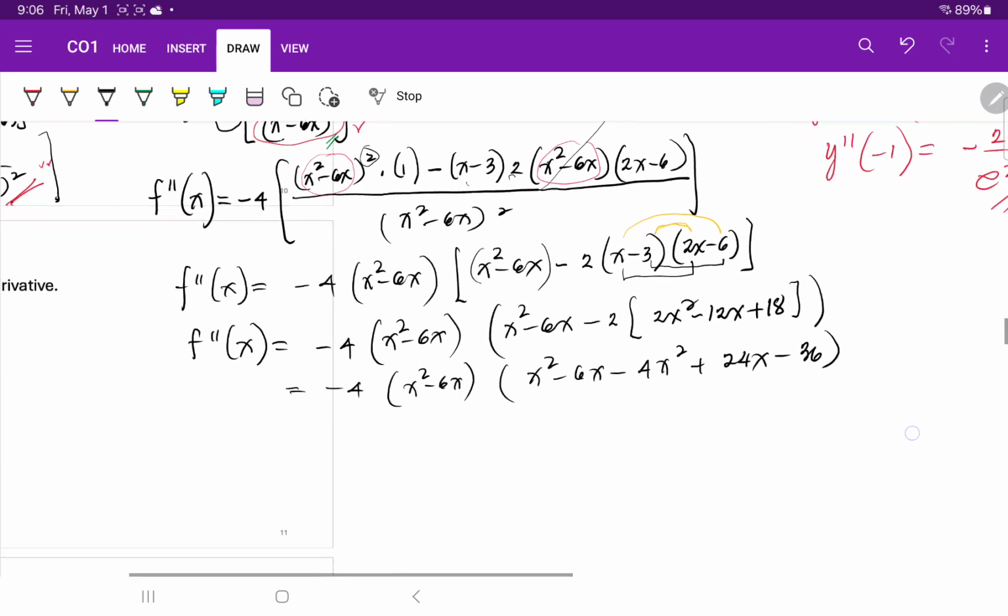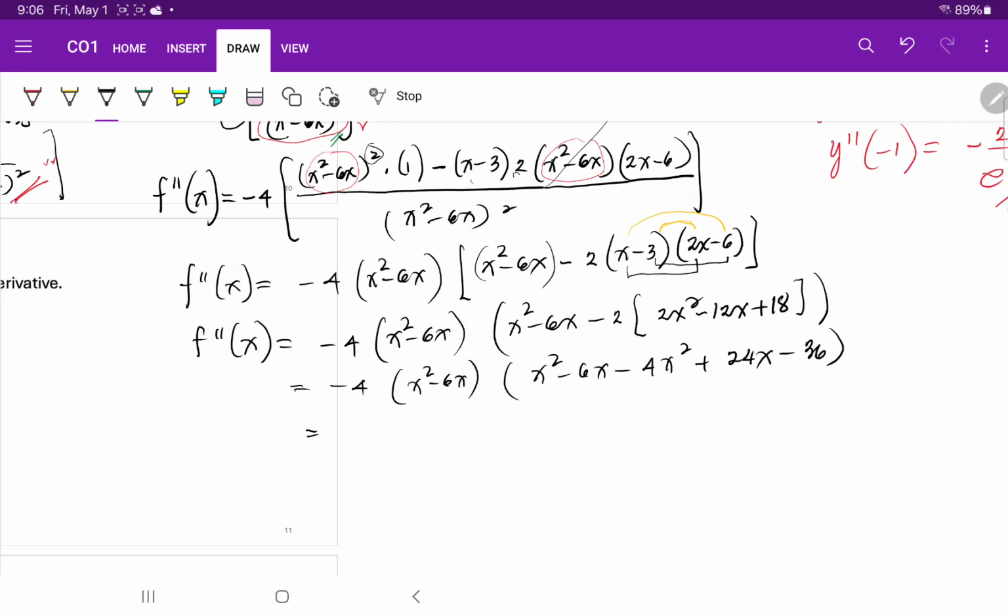Correct? So, we simplify further. We have negative 4 times x squared minus 6x times. Again, let's recheck this one. Minus 4 plus 24 minus 36. Alright, then we group similar terms. Minus 4 minus 3x squared.